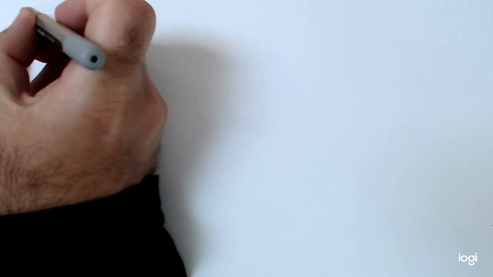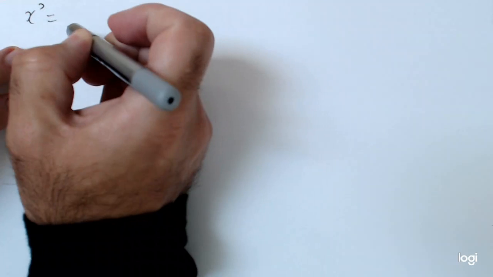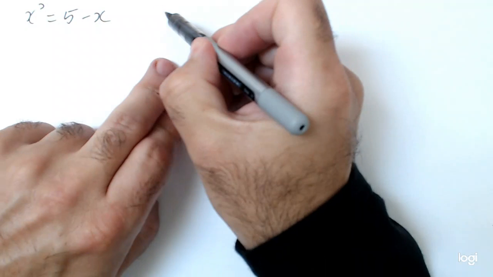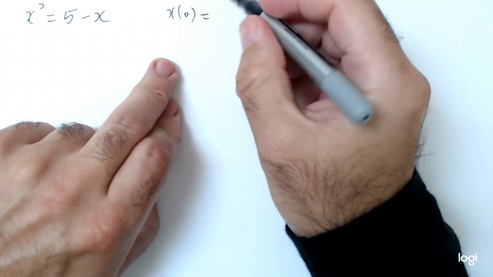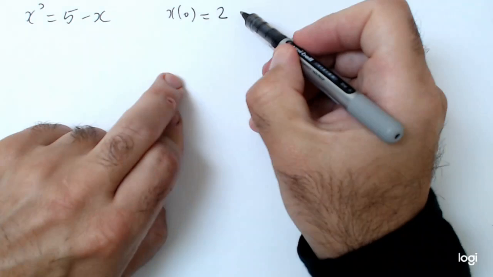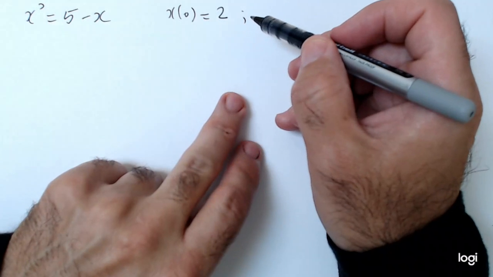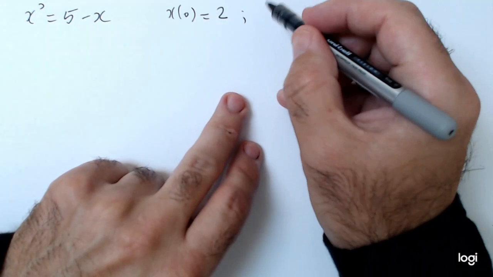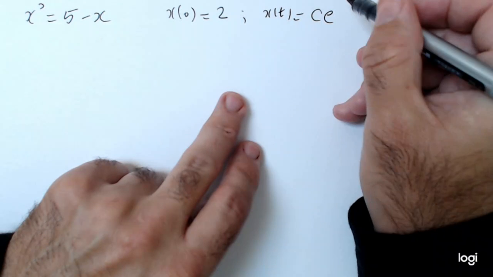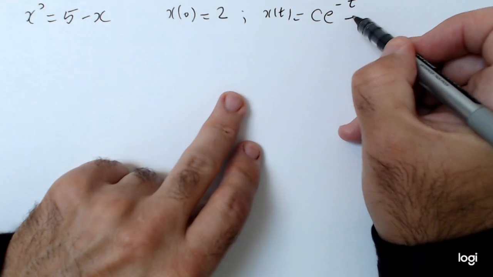So suppose, for example, that the ODE I'm going to talk about is x prime equals 5 minus x, and x of 0 equals 2. This actually can be solved explicitly. I'm not going to get into the method right now. The general solution is going to be some constant times e to the minus t plus 5.